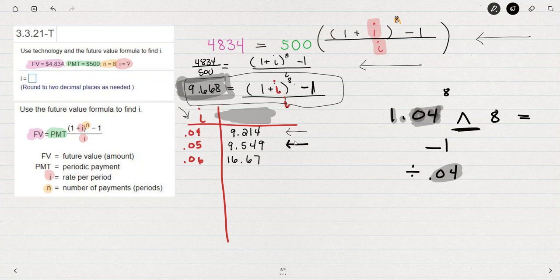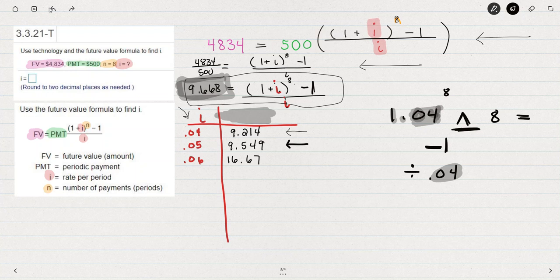When I put the 5/100ths in, the result I got was 9.549. Again, let me walk you through the calculator. What I did to get that 9.549 is 1.05 caret, so raised to the 8th power, equals. And then I did minus 1, and then I divided by 0.05.